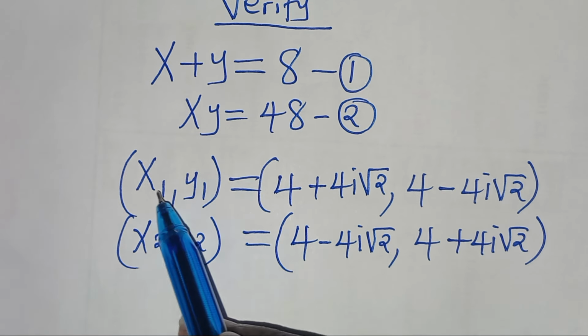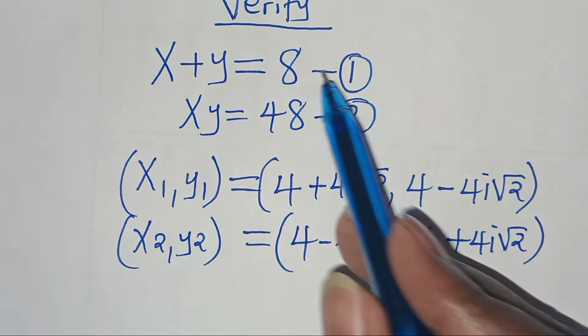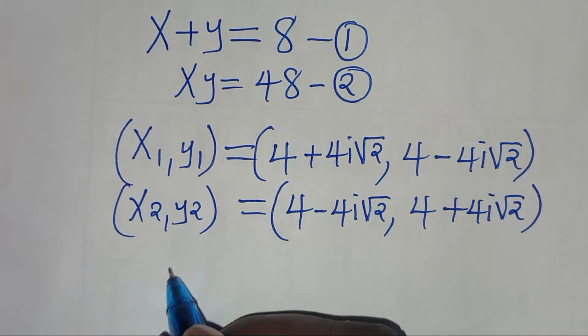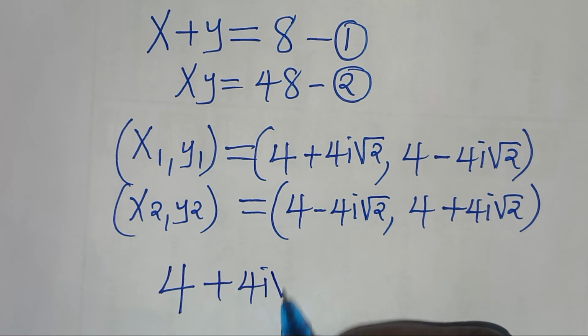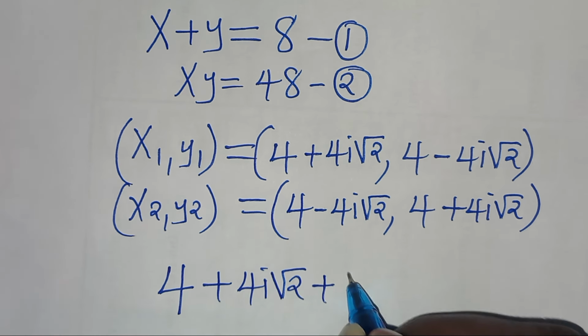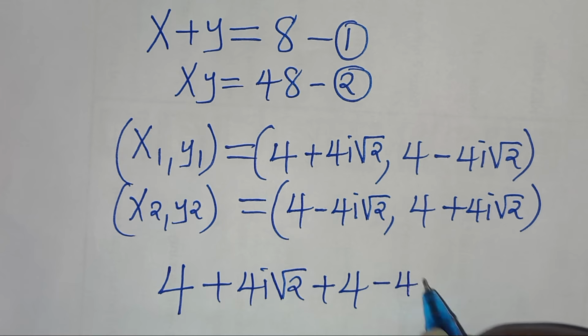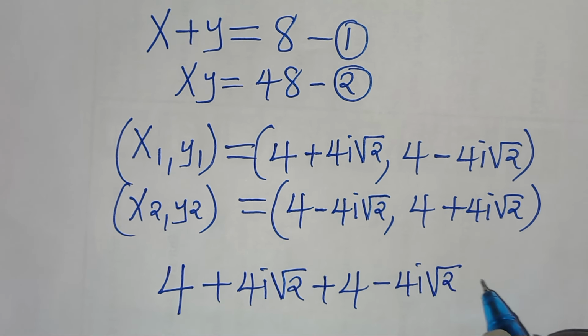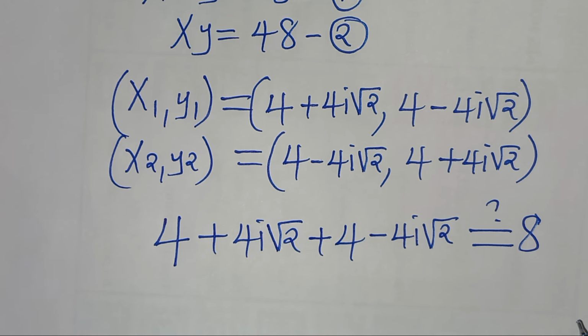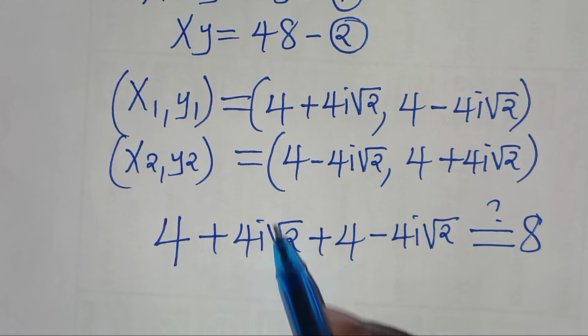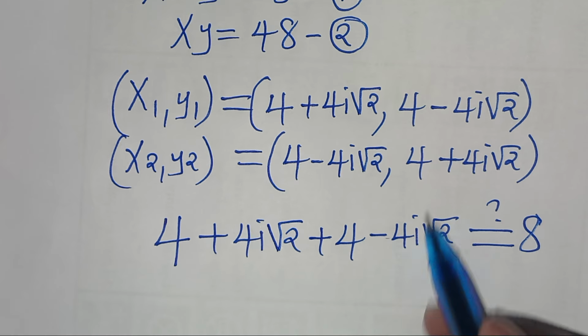Now let's verify x1, y1 by using equation 1. So from equation 1, we have 4 plus 4i square root of 2, then plus 4 minus 4i square root of 2. This should give us a value of 8. So now if you check here, we have plus 4i square root of 2 minus 4i square root of 2.